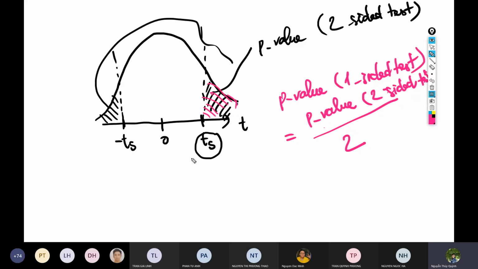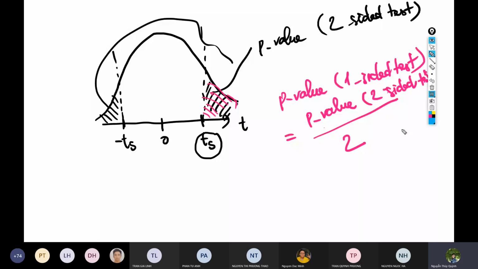What will be my p-value in this test? What will be my p-value here for the left-sided test? Divide by -2.